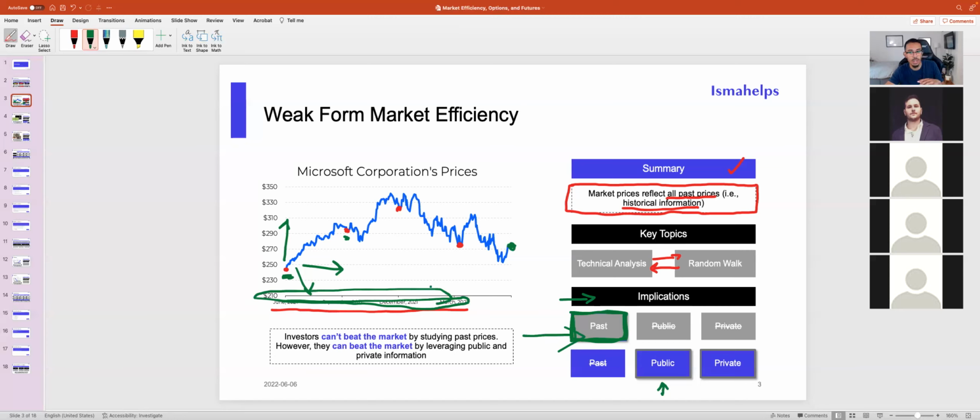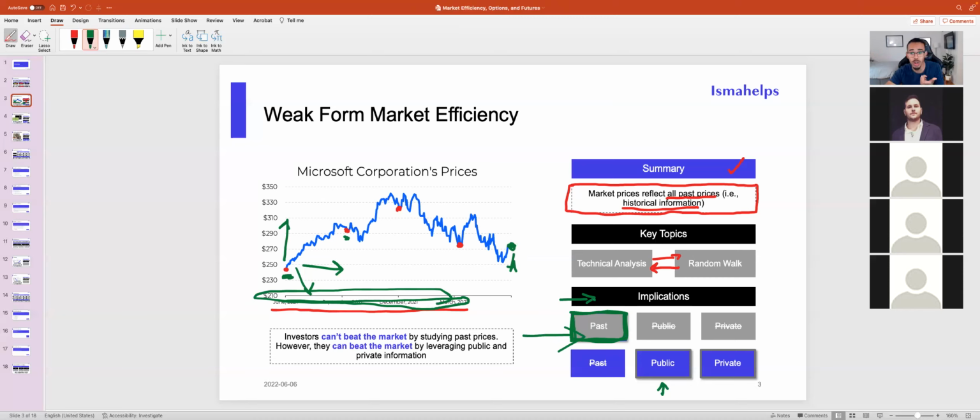Is that clear with everybody? So the price right here at point A has priced in all of Microsoft's historical prices, all of its past prices. Are we on the same page here? Yes or no? I see one yes. Okay, cool.